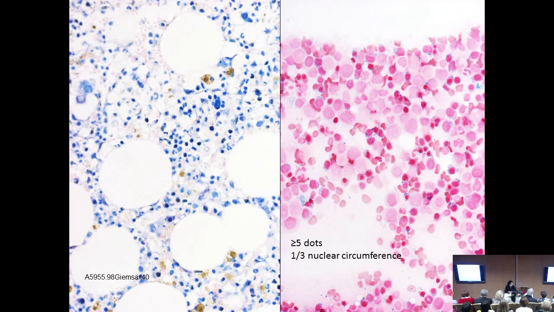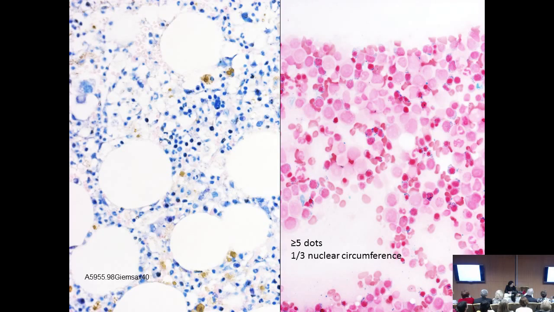And a ring sideroblast is defined by at least 5 dots in an erythroid precursor, and these at least 5 dots have to encircle 1/3 of the nucleus.